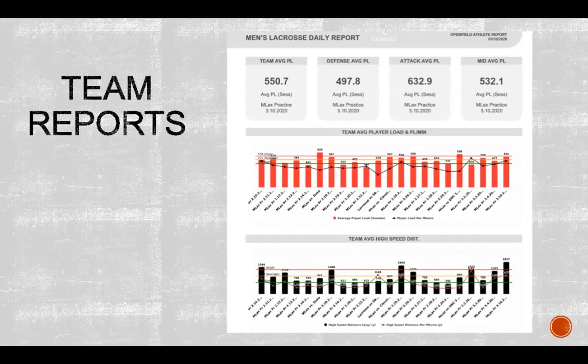Whereas when we look at things more like high speed distance or high velocity metrics, it allows us to see the things that are going to create the most neurological stress and fatigue, as well as the higher tissue stress. And then player load, obviously just giving us more of an insight into the total systemic stress that the athlete's seeing, vertically, laterally, in all different planes, as well as looking at what that looked like in terms of the intensity of each drill and the intensity of that given day.